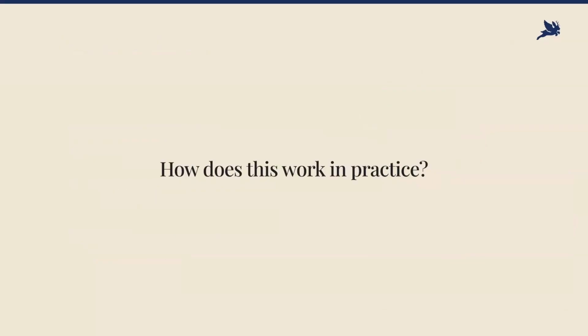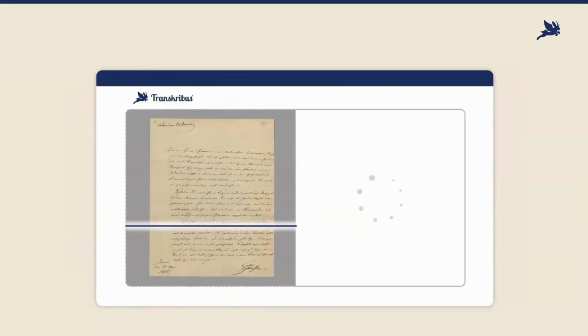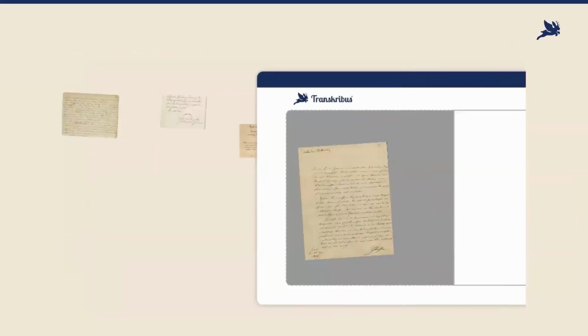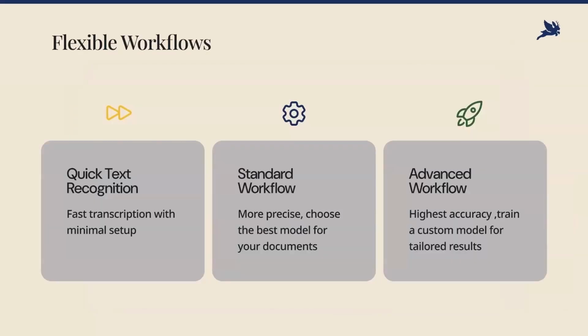So how does this work in practice? With Transkribus, you upload your documents to the platform, and then you can use a model. What does that mean? So we have three flexible workflows that I'll go quickly over. First is the quick text recognition. The quick text recognition needs only minimal setup to no setup and gives you a fast transcription of your documents.